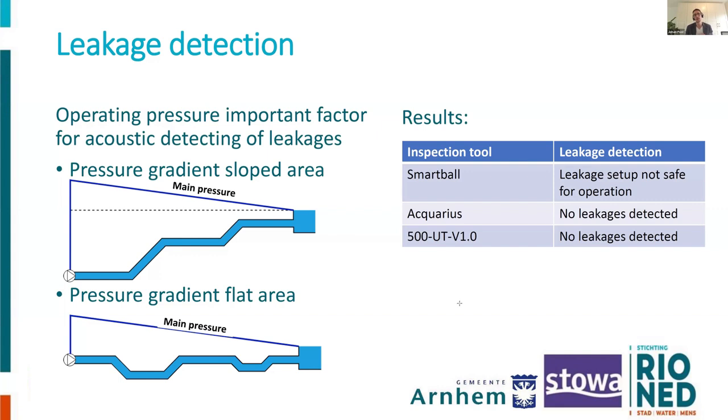But even if you have a high pressure main in a sloped area, it might be the case that at the end where the pressure is quite low, they might not be able to detect these leakages. So that's really something to take into account if detecting leakages is something you're concerned about.